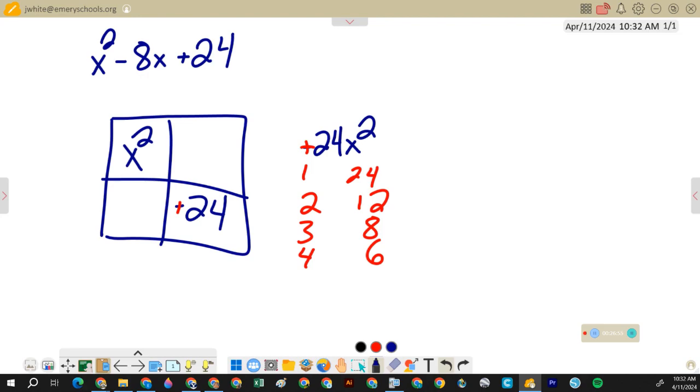Now, what about signs? What does this tell me? Signs are the same. And what does this tell me? They're both negative. Now, when I do this, I don't write the x's. I just remember that I need to put x's when I stick this into the multiplication box. Is there a set of these factor pairs that add to be negative 8?